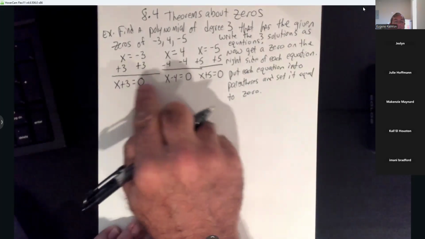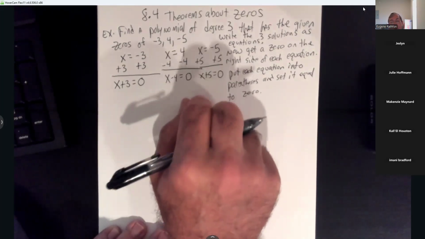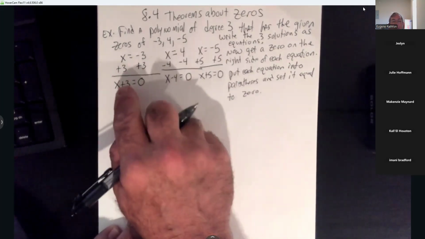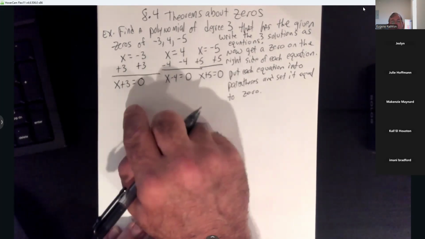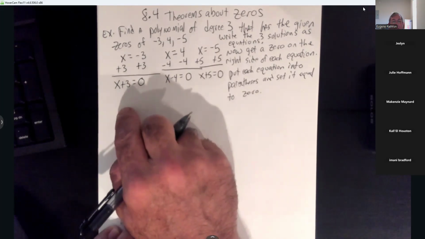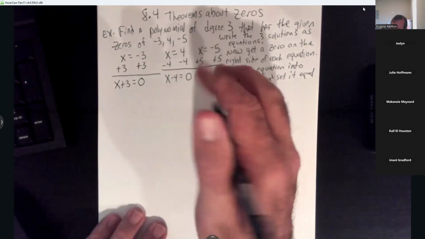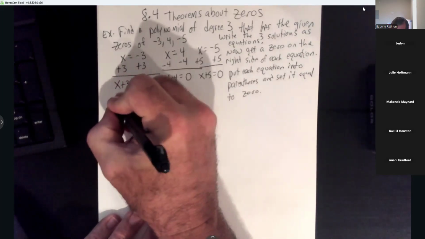So I'm going to put each of these 3 left sides of this equation in parentheses, and I'm going to set the whole thing equal to 0. Because if this one equals 0, it would make the whole equation equal 0. So since these are all equal to 0, we're going to do it like this.